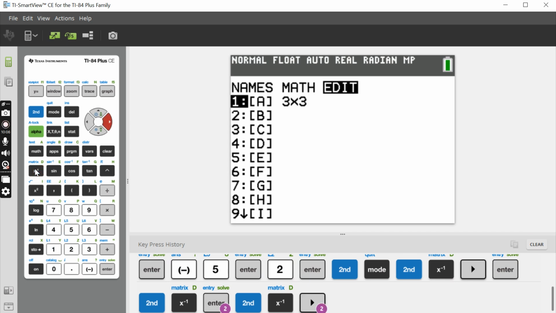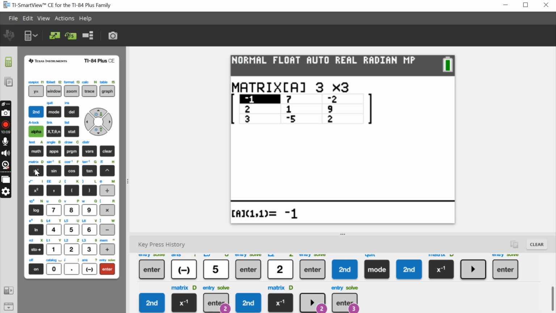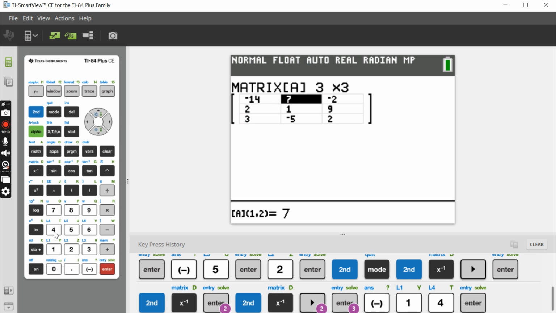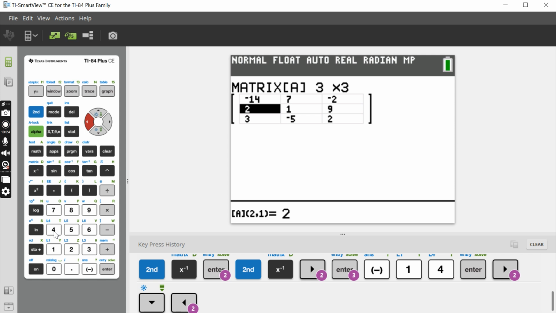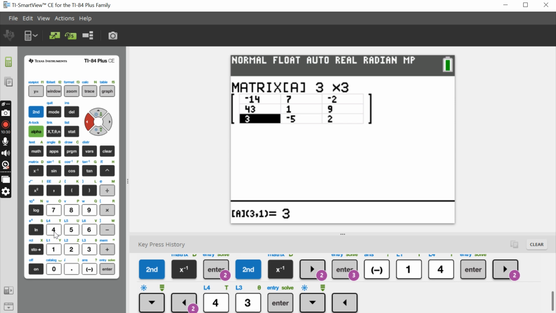I'm going to edit. So 3 by 3, and then I'm just going to type over this. So this is going to be negative 14. And then I'm going to leave those all alone. This one is 43. And this one is 2.